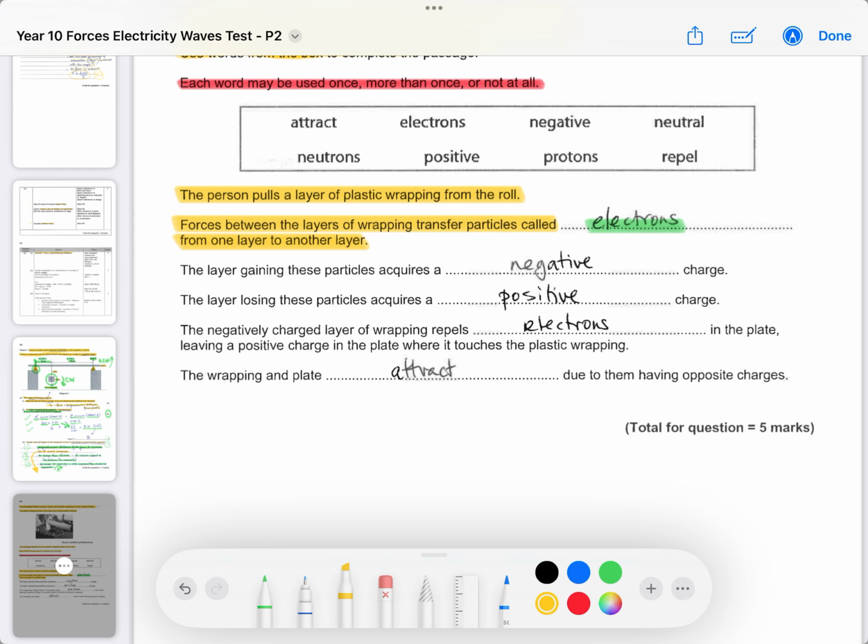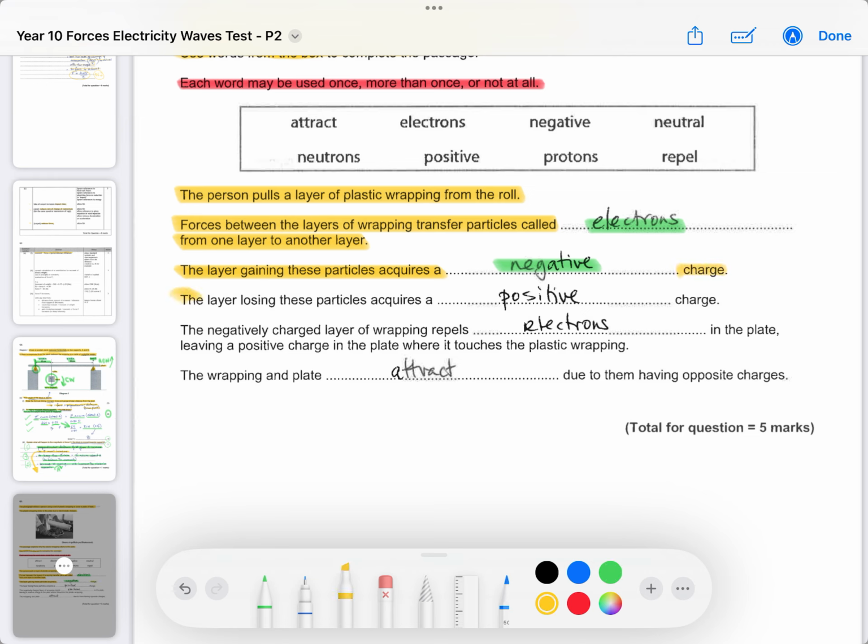And then it says, those gaining electrons, these particles, acquire a negative charge. So if you're gaining electrons, because electrons are negative, you're gaining negative charge. Okay?